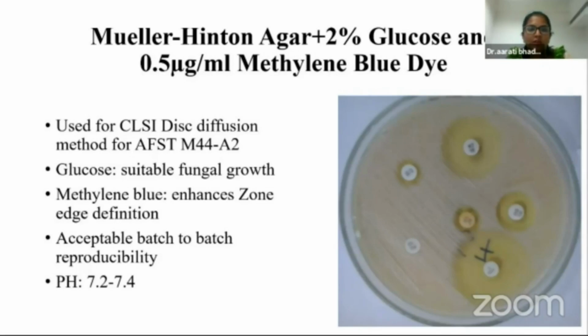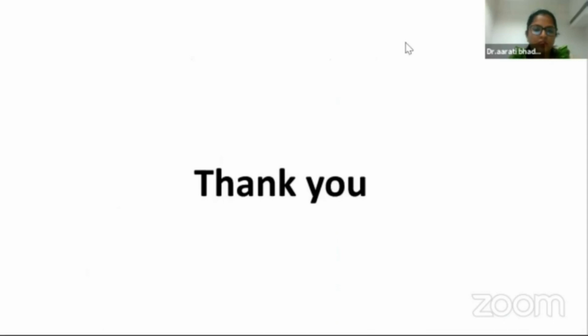We have added glucose to the Mueller-Hinton agar because it is suitable for fungal growth, and methylene blue to enhance zone edge definition. Mueller-Hinton agar is used because it produces acceptable batch-to-batch reproducibility, and the final pH should be 7.2 to 7.4. Thank you.